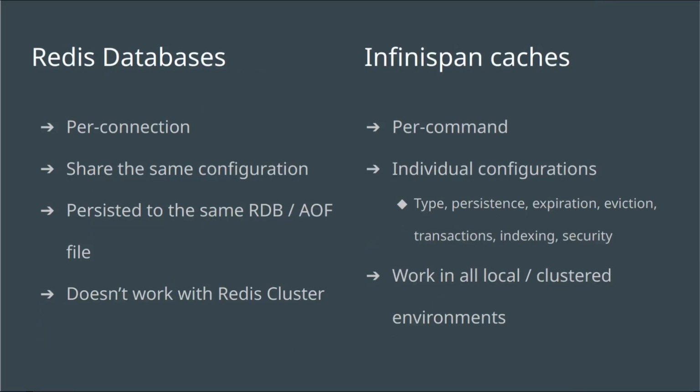One key difference of our implementation of the Redis protocol is that Infinispan supports multiple caches in the same container, just like Redis supports multiple databases. However, Redis has the limitation that multiple databases don't work in cluster mode. There's no such limitation in Infinispan even when using the Redis protocol, so you can switch databases.